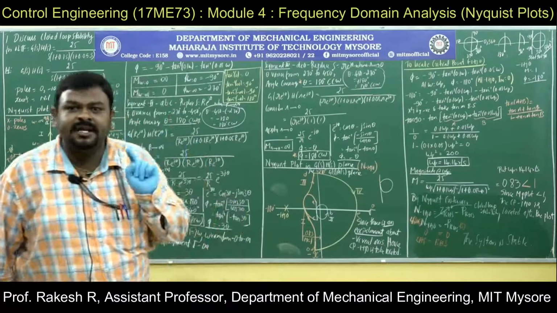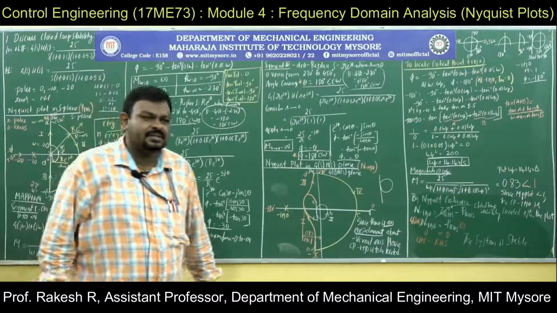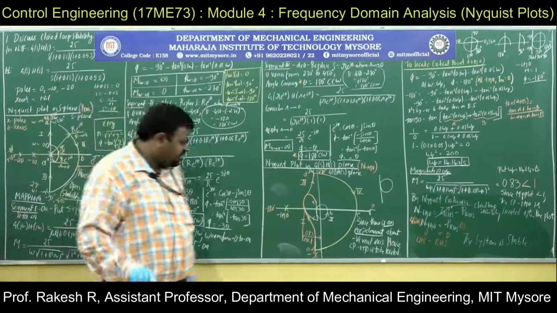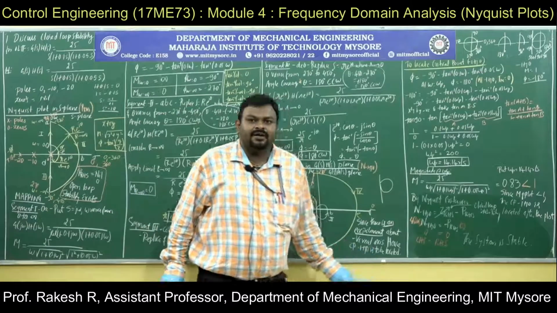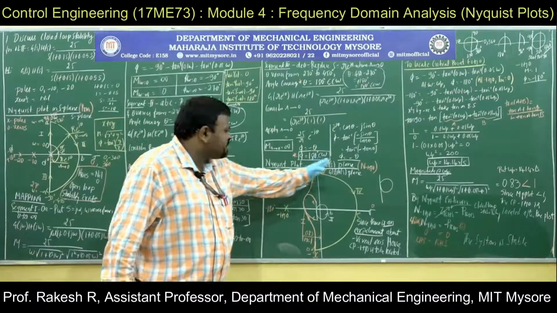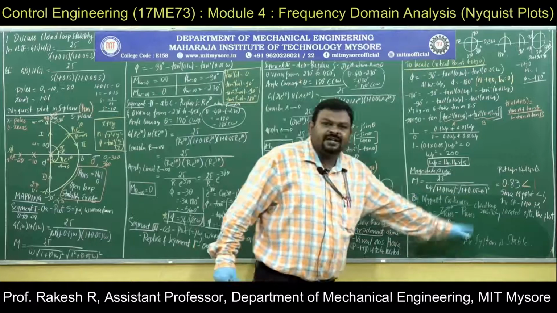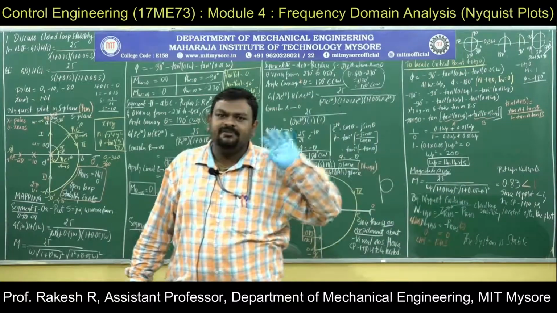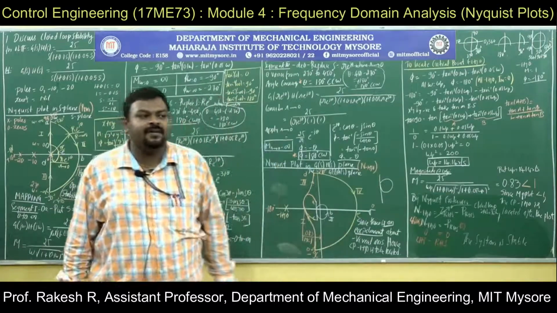Since they are crossing, they make encirclements about the negative real axis, because of which you have to locate the critical point minus 1 plus j0. If it is not crossing, nothing. Directly N minus 1 plus j0 is equal to 0. Here also you can write, according to the Nyquist criterion, the solution is finished.